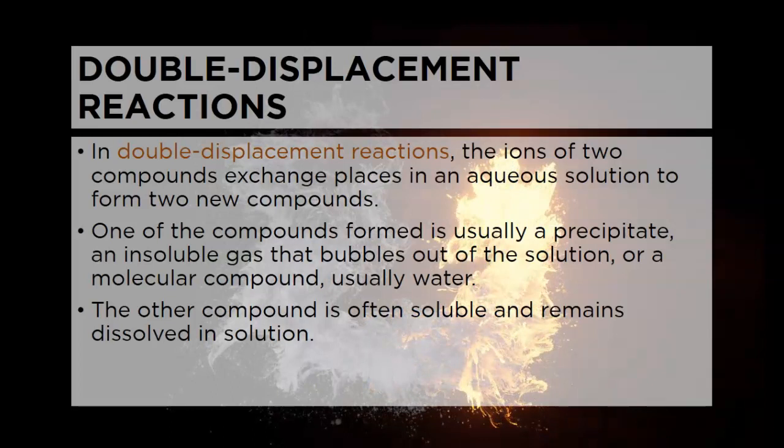Double displacement is even more interesting because now you've got two pairs and they switch partners. So double displacement reaction. You have the ions literally swapping places. And usually we're going to see a precipitate form. So in lab, we're going to do a lab where we observe a well plate and we try different compounds mixed together and see which ones form a precipitate.